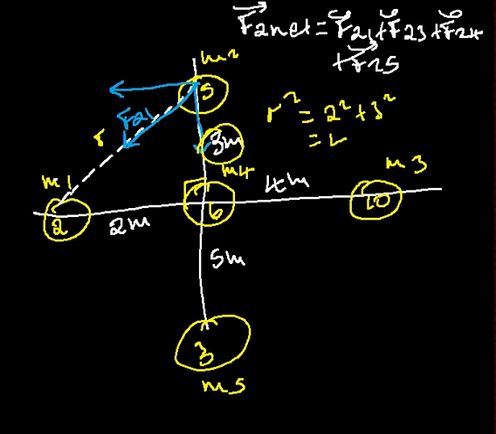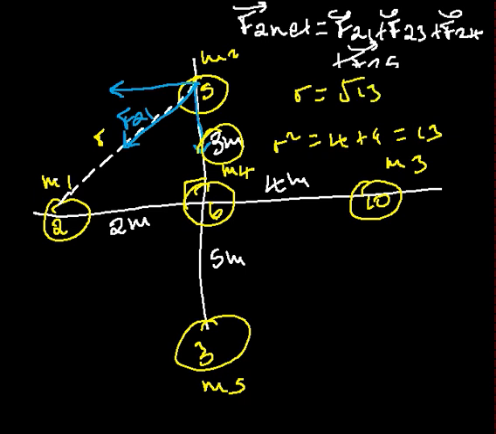That is 4 plus 9, which is 13. Therefore, R is the square root of 13, which is 3.61 meters. That is the separation distance R.